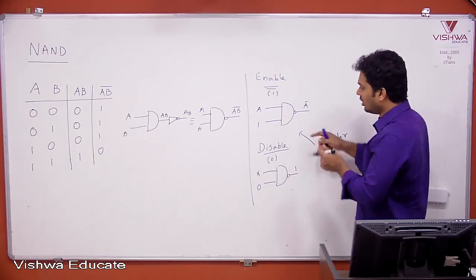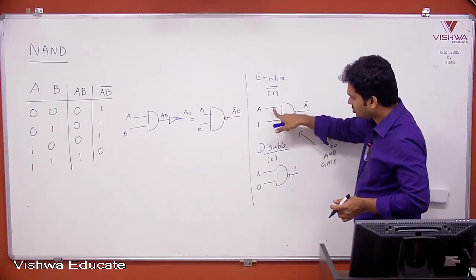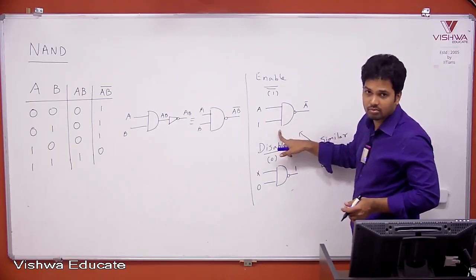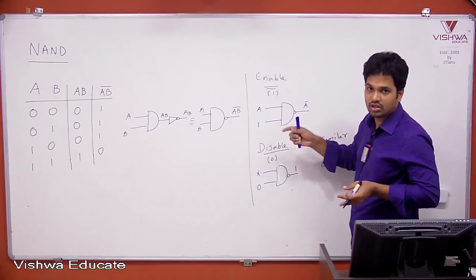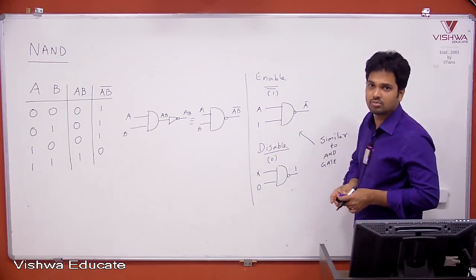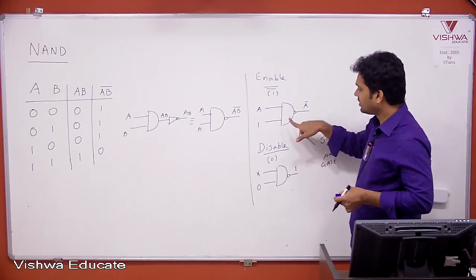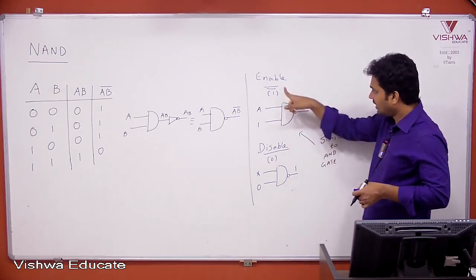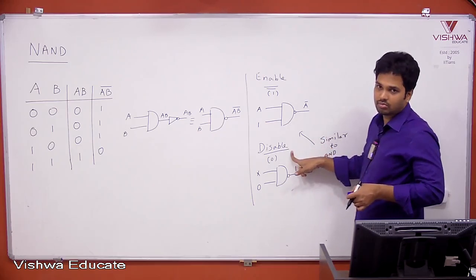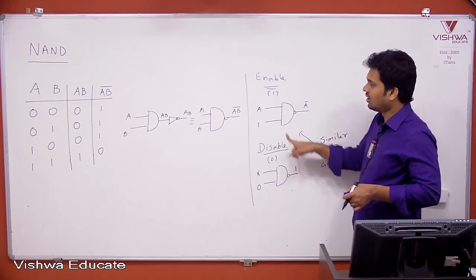Suppose you have a 3 input NAND gate, and you used only 2 inputs. What about the other input? Last class we discussed the conditions of unused inputs for the AND and OR gates. The same is applicable here also. We can apply the same concept because the enable and disable inputs are the same in both cases, right? I'll give you the point.